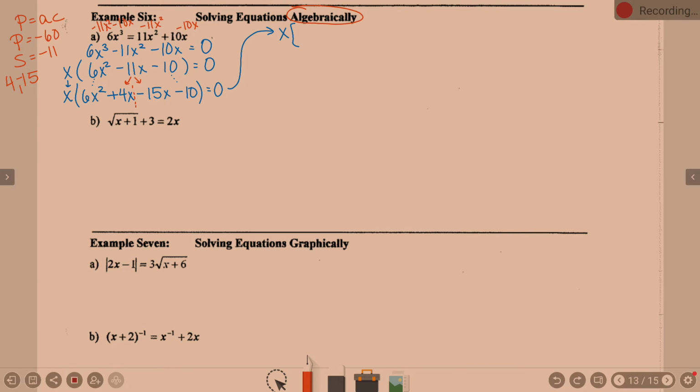So what is the GCF of 6x squared plus 4x? 2x. So I'm going to put that inside my brackets. Then after the 2x, 6x squared divided by 2x is 3x. 4x divided by 2x is 2.